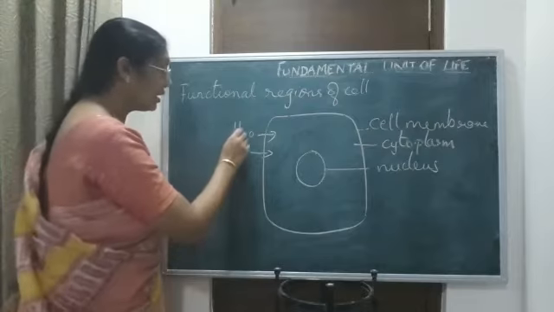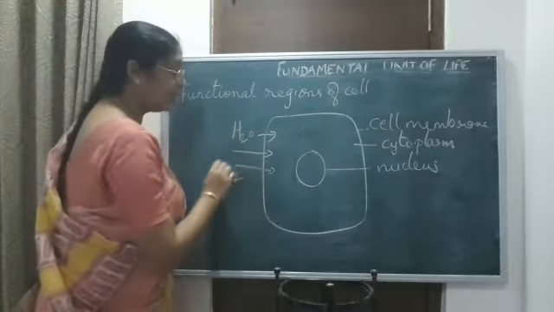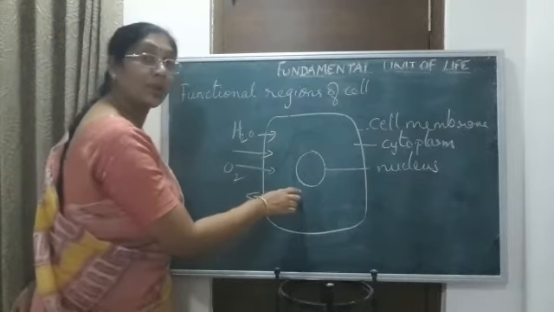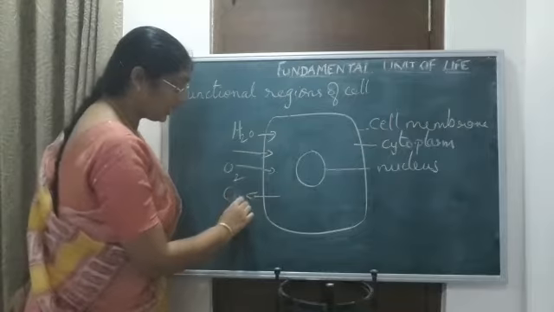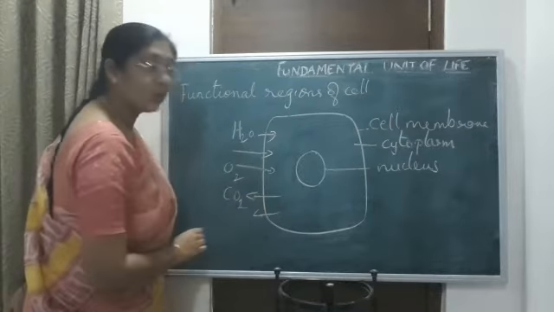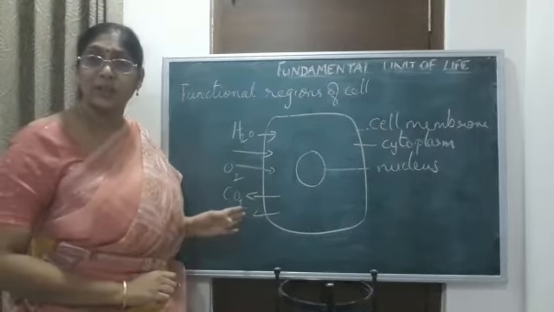Oxygen is required, so it is permitted in. Carbon dioxide, which is produced as a result of cellular respiration, is sent out of the cell. Waste substances are sent out of the cell.